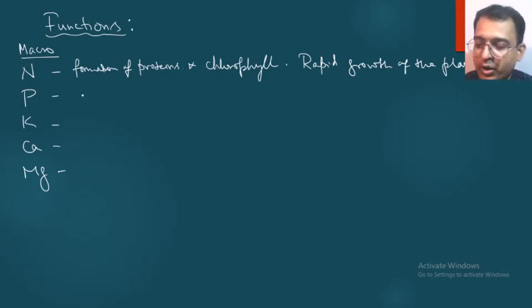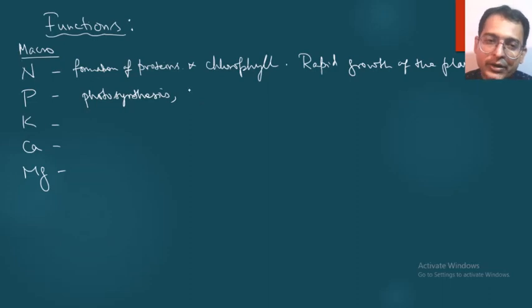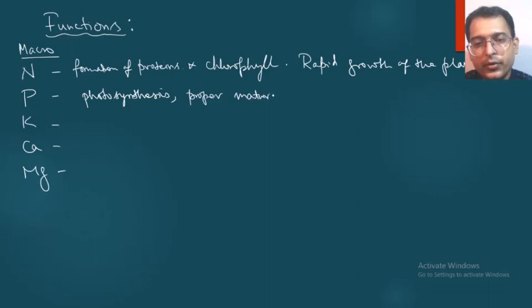Phosphorus is very important for photosynthesis, and it is required for the proper growth and proper maturation of the plant.